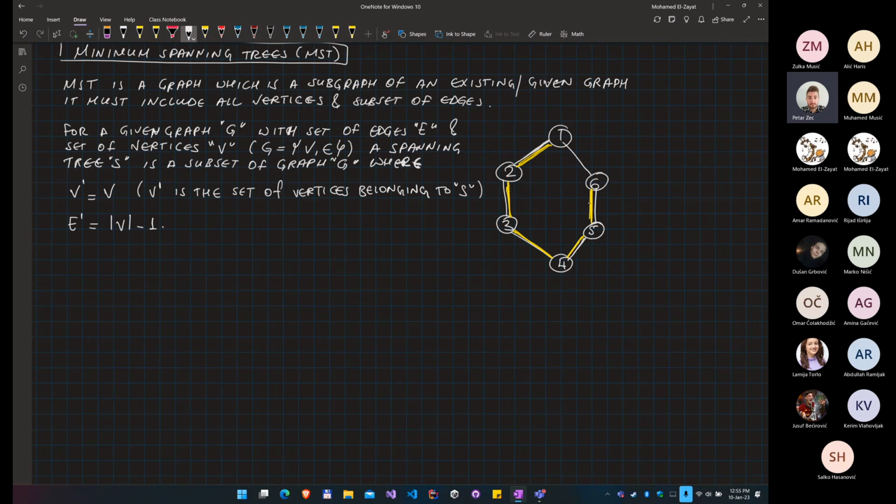So we have 5 edges and a total of 6 vertices. By definition, you have to include all the vertices, which are 6, already available in the set, and V minus 1 edges. Since we have 6 vertices, we have 5 edges. We satisfied the condition. This is actually a minimum spanning tree. And obviously, there are no loops.